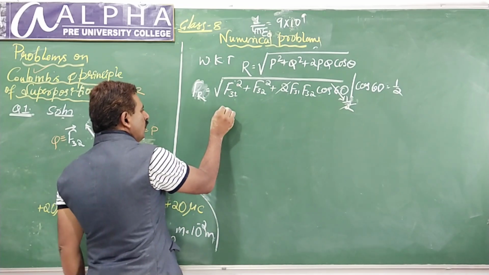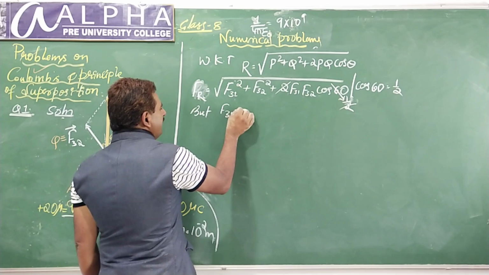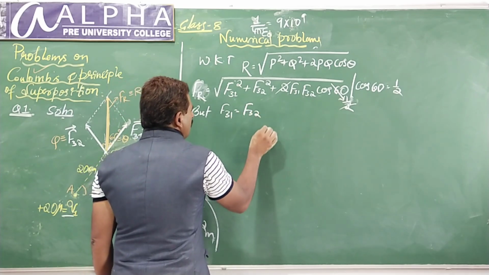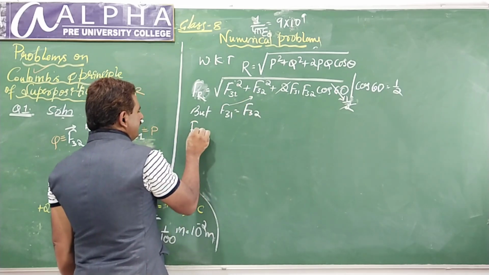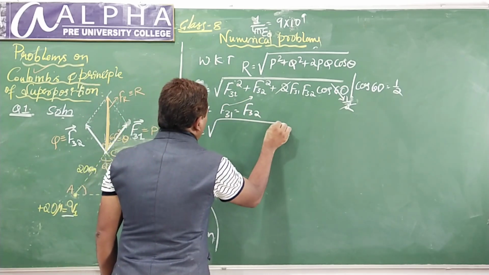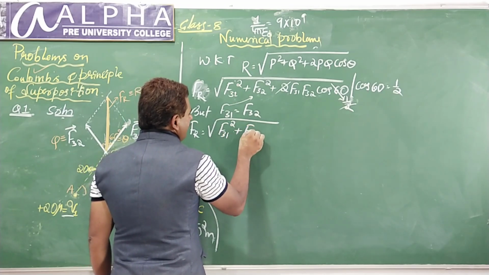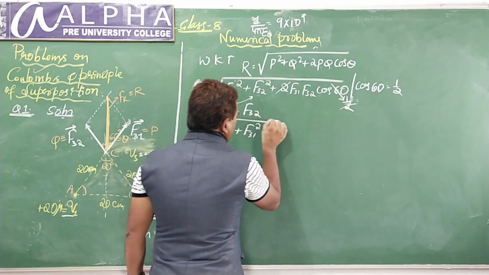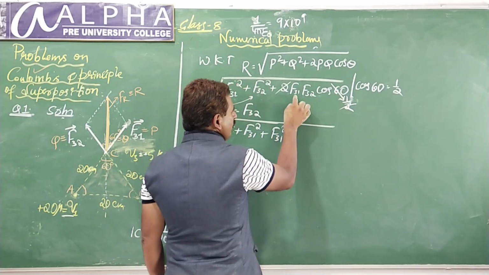And one more thing, F31 is equal to F32. So instead of F32, you can write F31. That is, Fr equals square root of F31 squared plus F31 squared plus F31 squared. Why F31 squared?